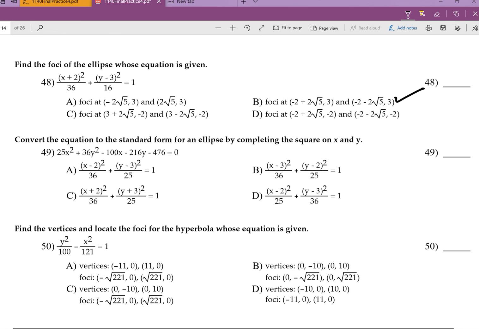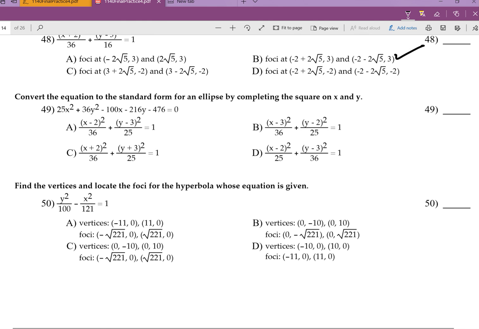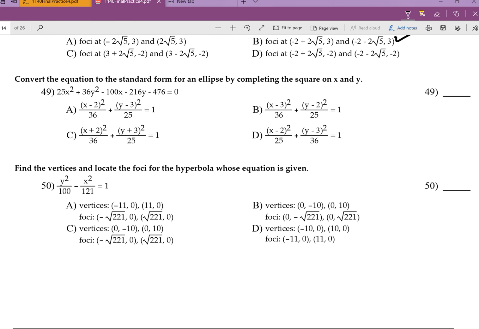There you go. That's got to be the answer, because if y holds the 3, then the quadratic component, the negative 2, has to come from the x. Alright, so that's negative 2, and then plus or minus 2 square root of 5, which is your shift based on the values.